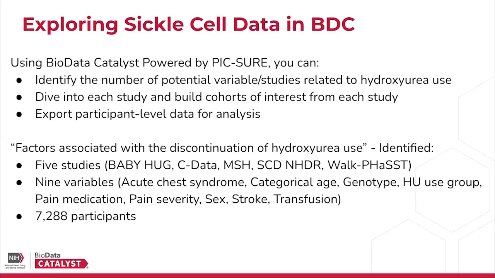After some explorations and curations, we were able to identify 5 sickle cell study datasets in BioData Catalyst and 9 variables relevant to impact hydroxyurea use from more than 7,000 participants to perform the secondary analysis.